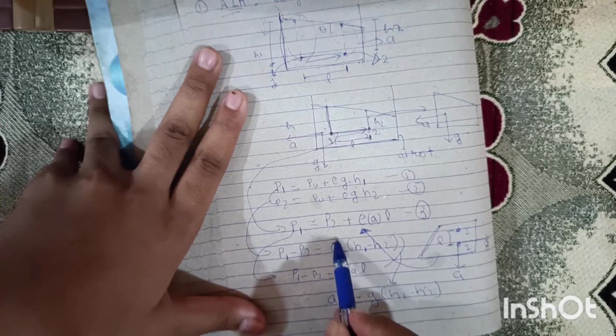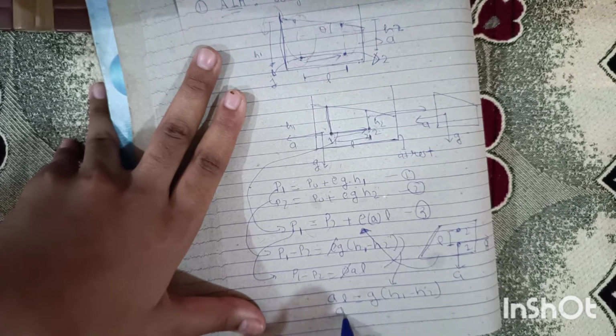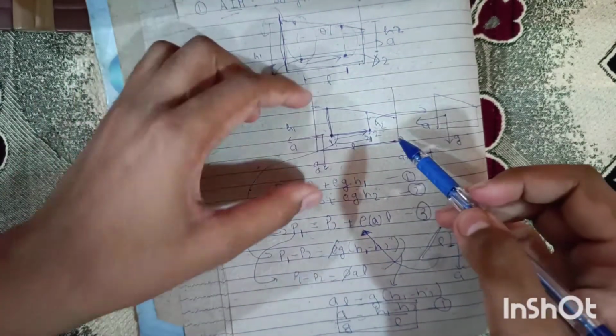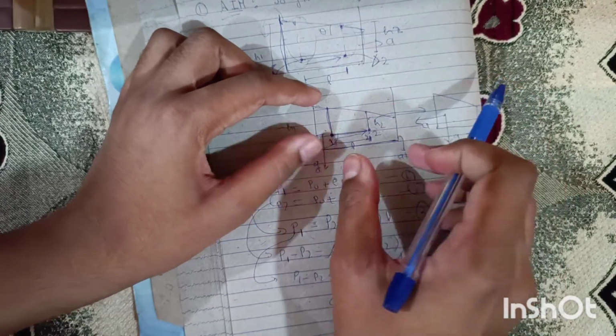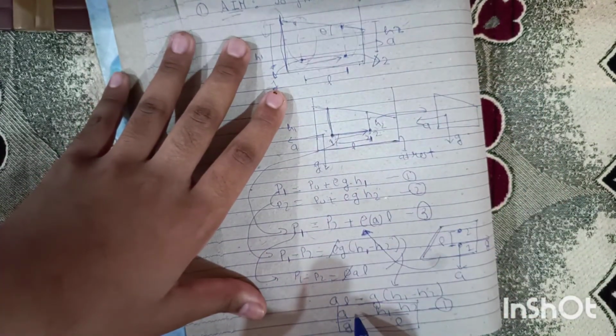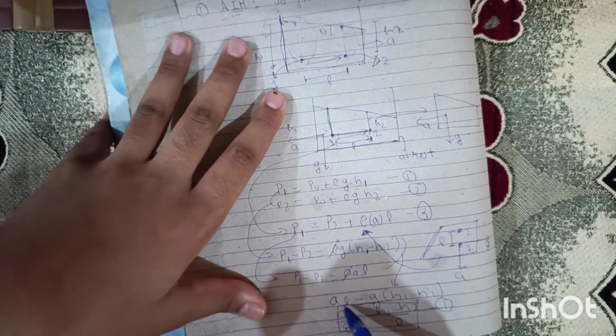Rho will cancel out from both sides, and from here A by g is equal to H1 minus H2 upon L. So this is one of the important relations, that H1 minus H2 divided by L is actually the ratio of accelerations in the horizontal and vertical direction, A divided by g.